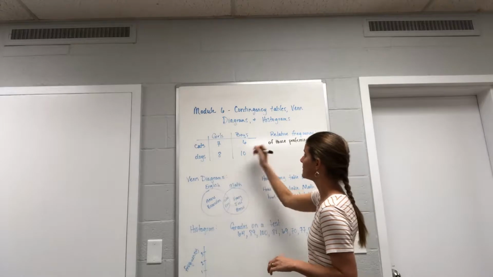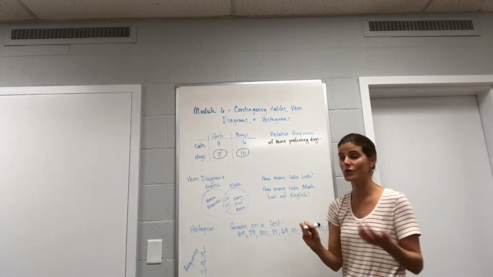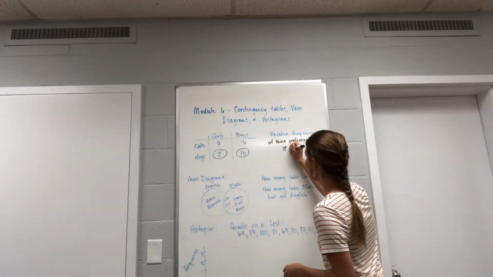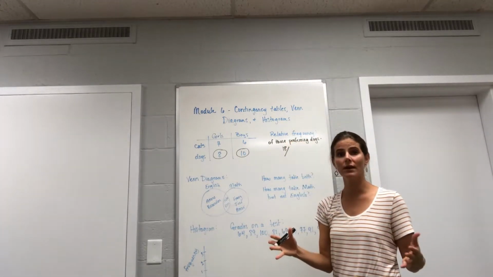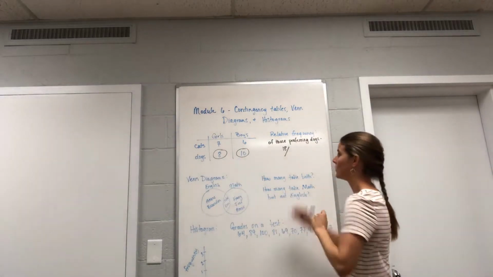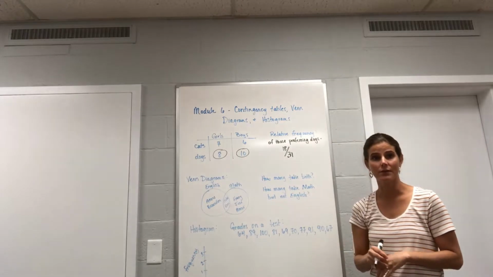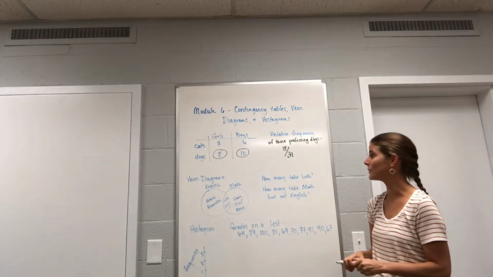In this case, there's 10 boys that prefer dogs and 8 girls that prefer dogs. There's a total of 18. And that would be out of the total in the group, which would be 7 plus 8 plus 6 plus 10, which is 31. So this is how we could express a relative frequency: 18 out of 31 prefer dogs.